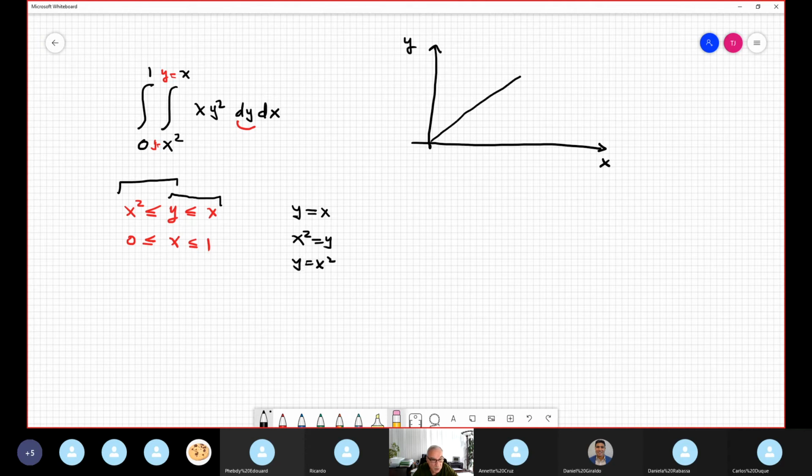You convert this inequality to an equation temporarily to see the boundary. So this is a parabola like that. This is y equals x, this is y equals x squared. It's obvious that the intersection between those curves is the points (0,0) and (1,1).